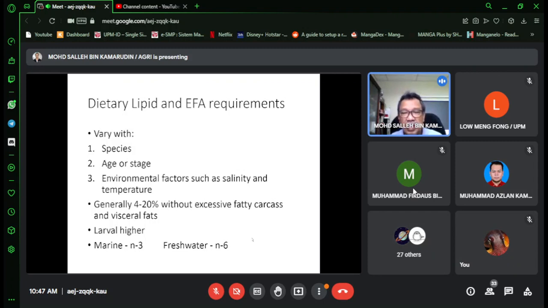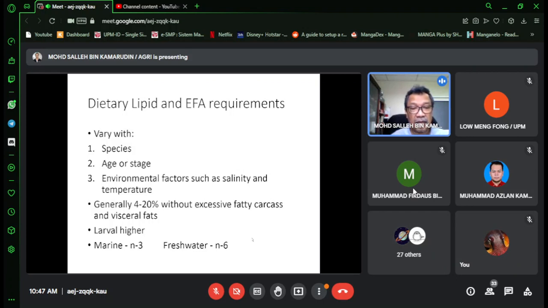Alright, the lipid and essential fatty acid requirements, dia varies with species. The most important thing with species, different fish has different requirement. Age, the smaller fish, they require slightly higher lipid compared to the adult or broodstock.